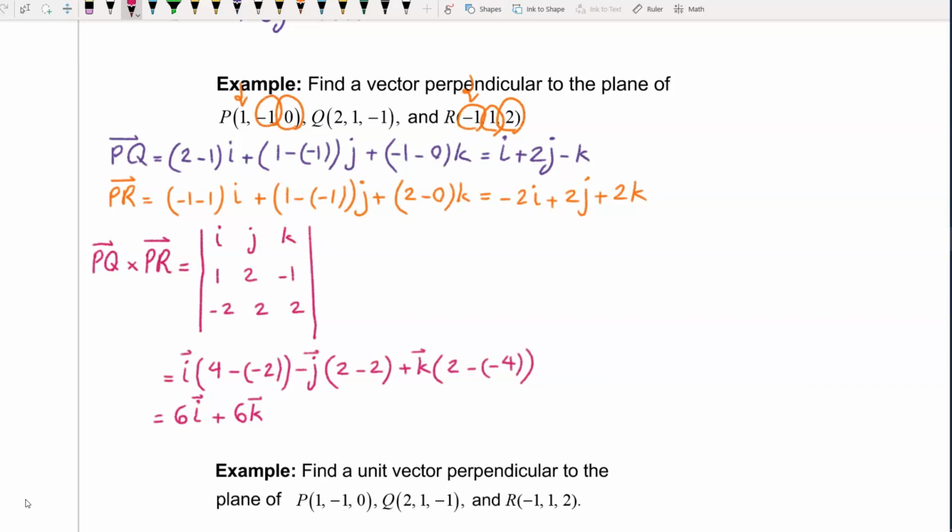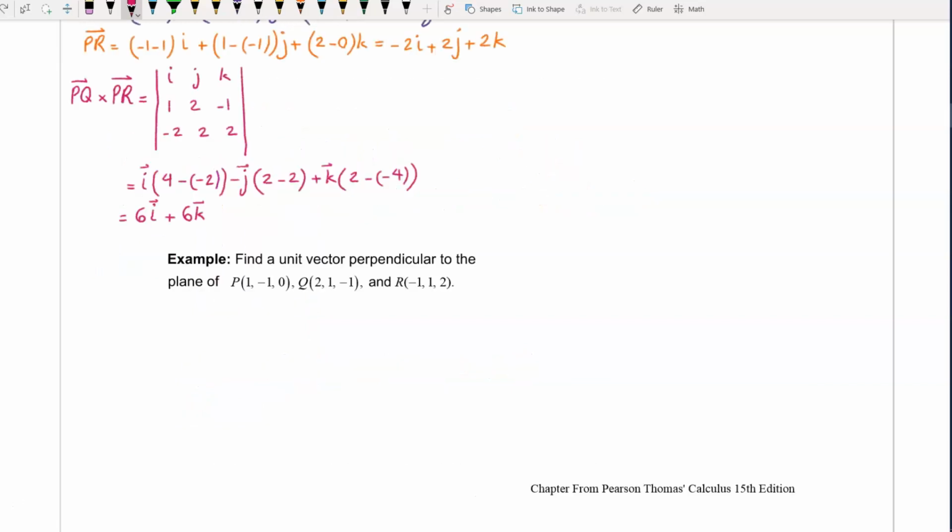And this is our vector that is perpendicular to the plane containing these 3 points. Find the unit vector perpendicular to the plane containing these 3 points. P with coordinates 1, negative 1, 0, Q with coordinates 2, 1, negative 1, and R with coordinates negative 1, 1, 2.